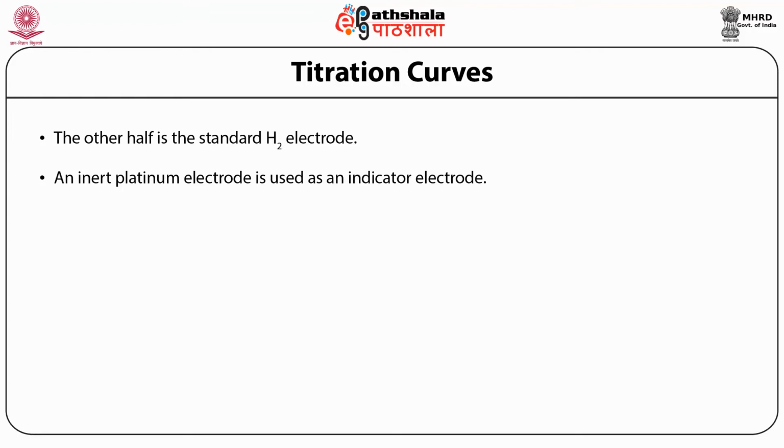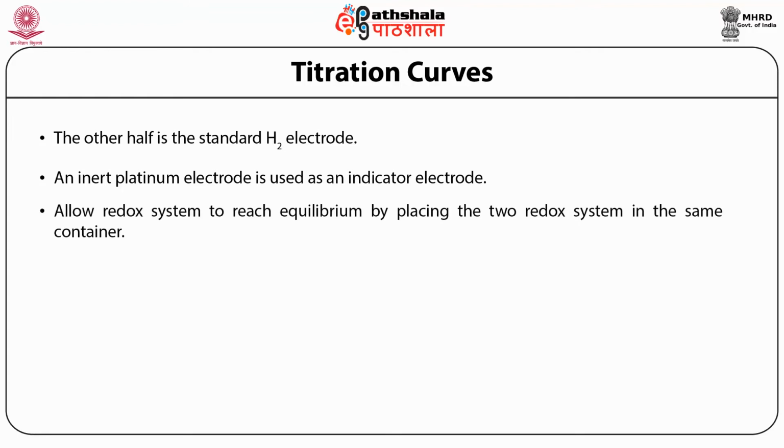It should be noted that as we perform the titration, we are placing the two redox systems in the same container and allowing them to reach equilibrium, that is Fe2 plus and Ce4 plus are in equilibrium with Fe3 plus and cerium 3 plus.